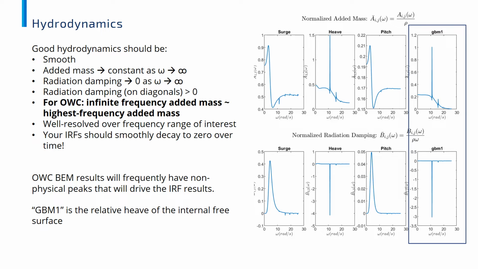And we notice that these characteristics don't really fit the boundary element method data, particularly in the degrees of freedom like heave and GBM1 that we care about. These peaks are going to drive the results of the impulse response function, and we're going to have to do something about them if we want to have good quality WEC-Sim runs from this data.